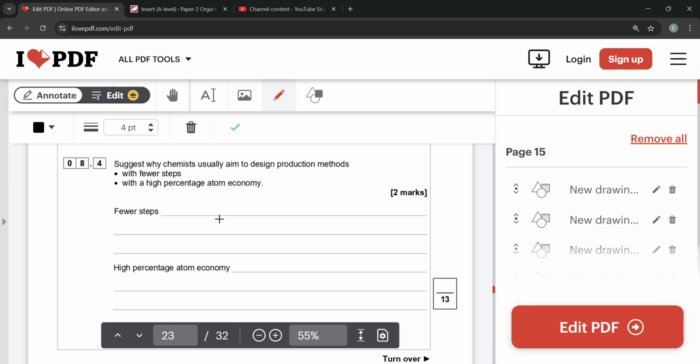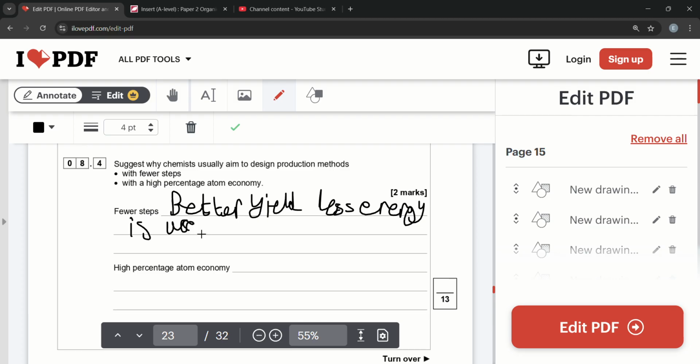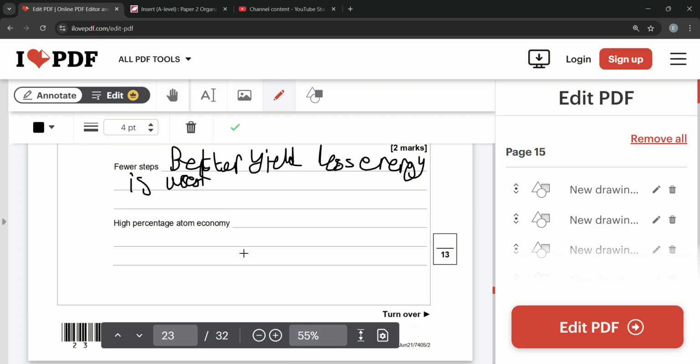So for fewer steps, it's because of better yield, less energy is used, and for high percentage atom economy, it's going to be less waste.